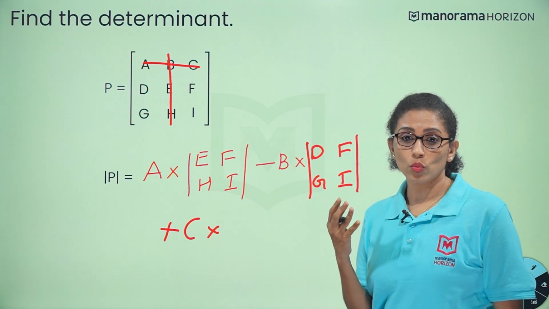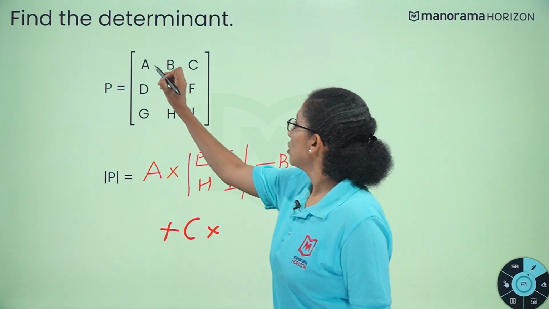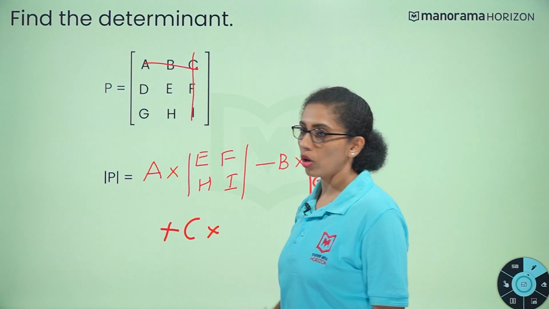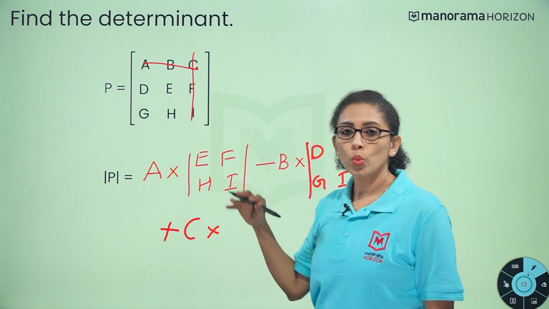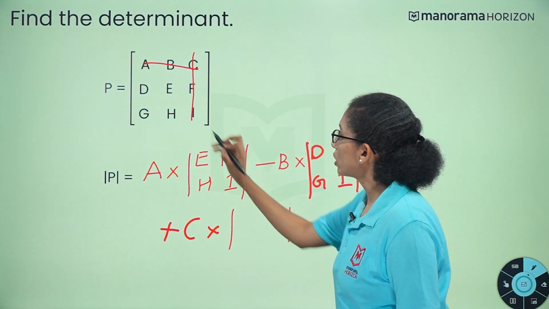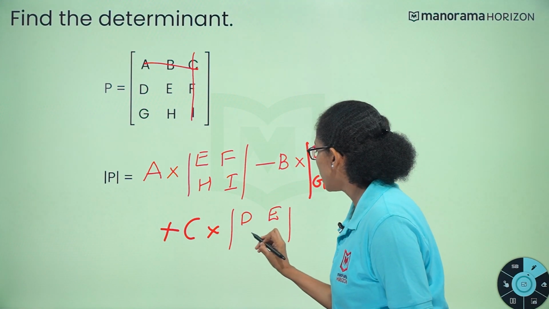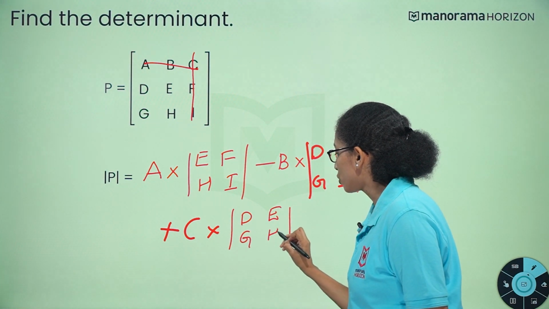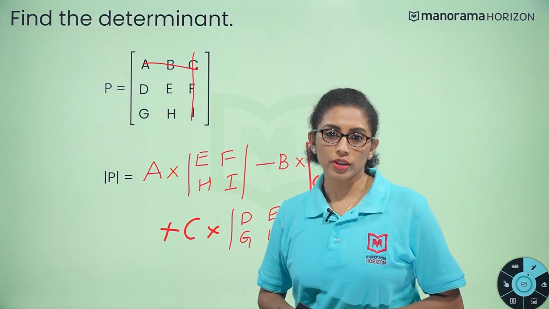Why don't you guess what we will have here? Yes, we exclude the first row, third column and these 4 elements will remain. So, we multiply C with the second order determinant. What is left? D, E, G and H.